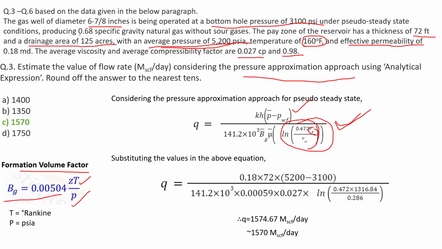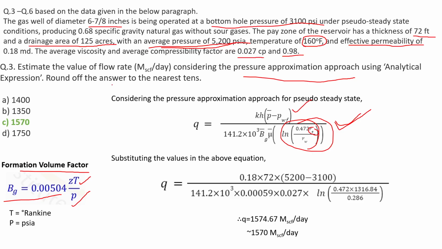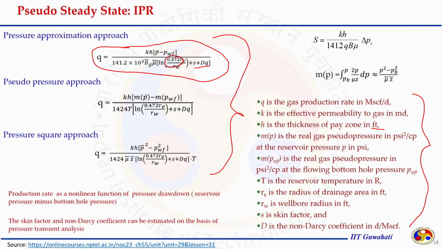The drainage area of 125 acres you have to change into feet square, because you have to take the radius. So Rw is the wellbore radius, which is known. And Re is the radius of the drainage area in feet.